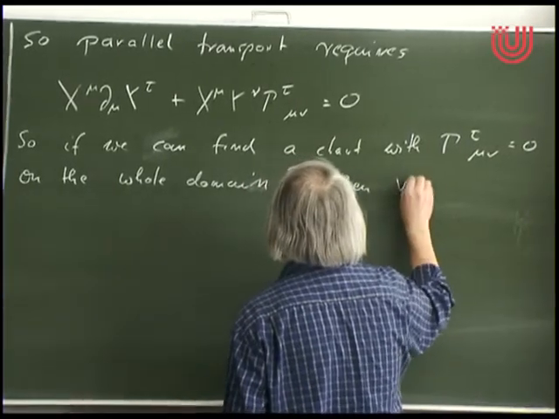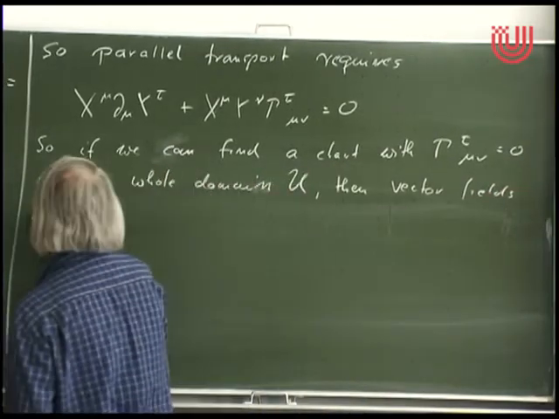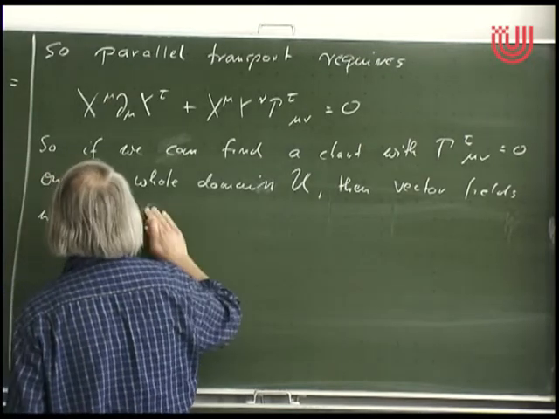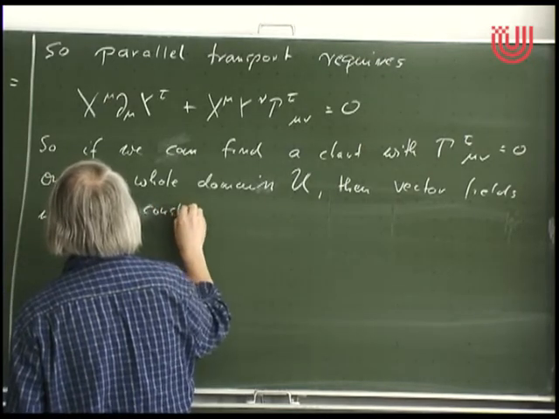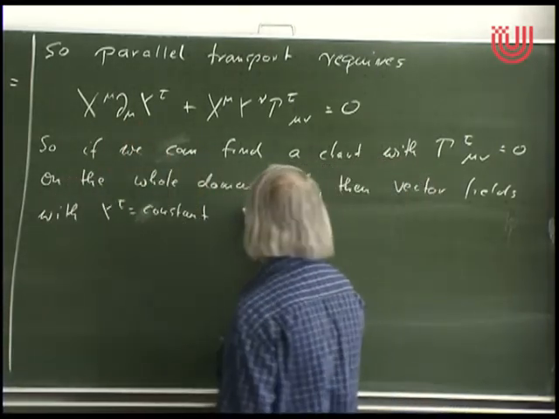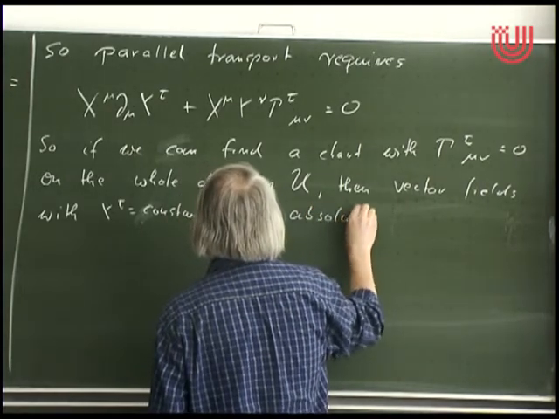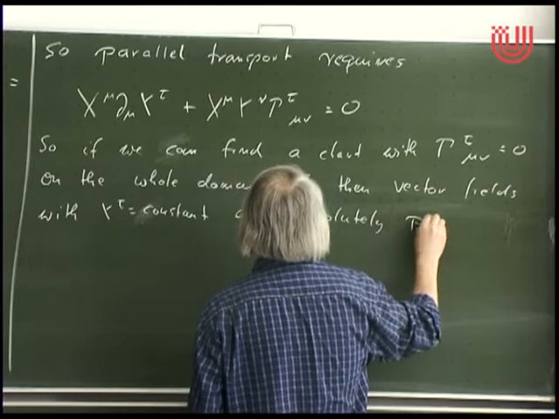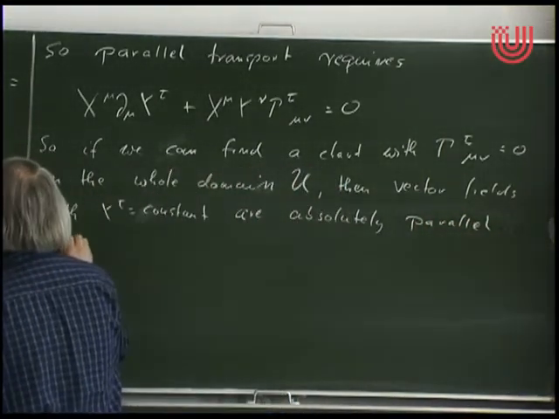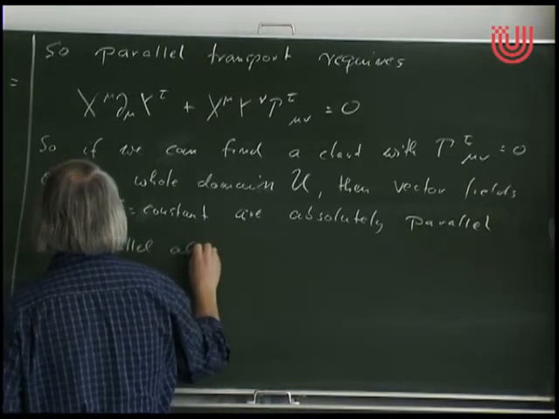then vector fields with y^τ equal constant, sorry, so the derivative is 0. y^τ equal constants are parallel, are absolutely parallel. That's also a way of putting it. Absolutely parallel. And this means parallel along any curve.